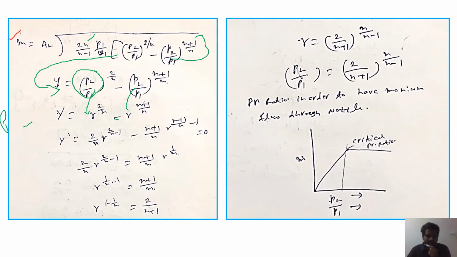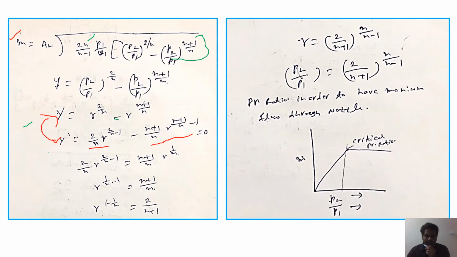y dash equals 2 by n r power 2 by n minus 1 minus (n plus 1) by n r power (n plus 1) by n minus 1, equals 0, when we differentiate the above equation.